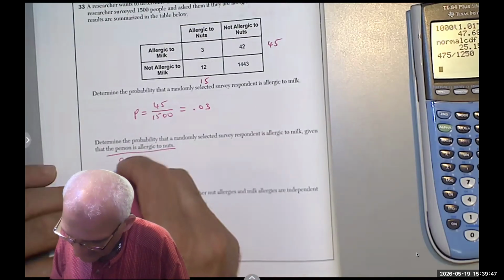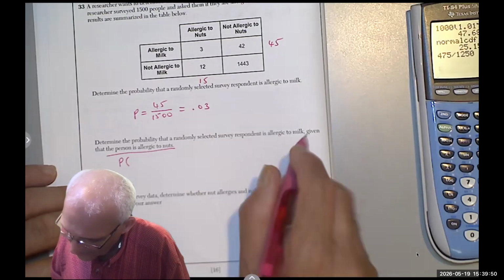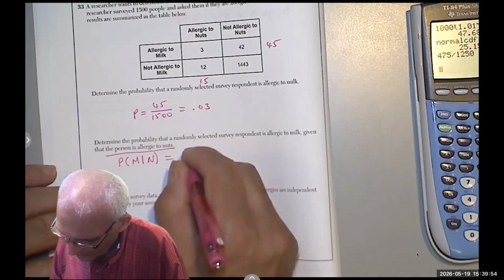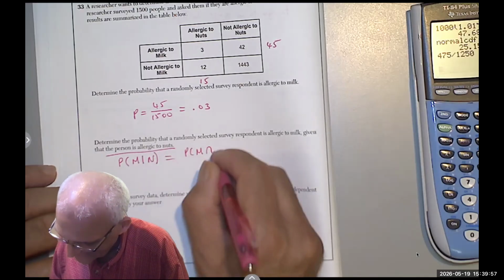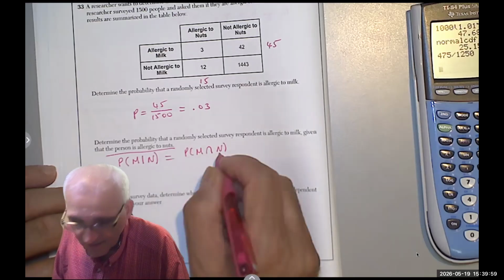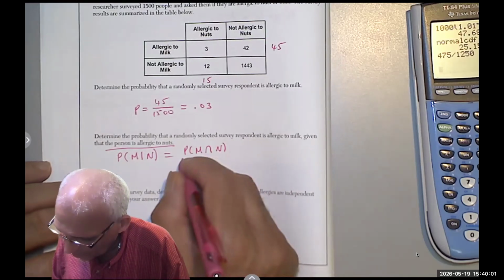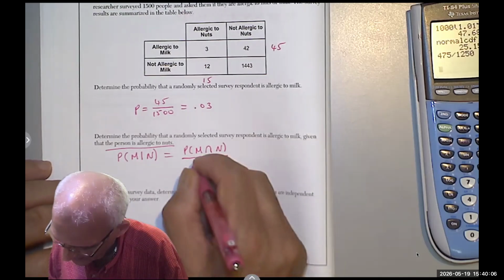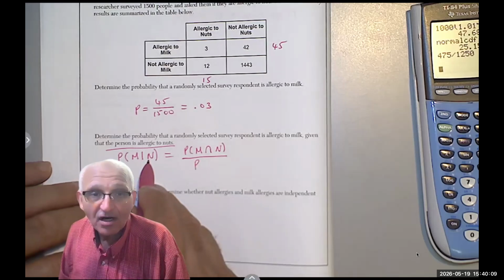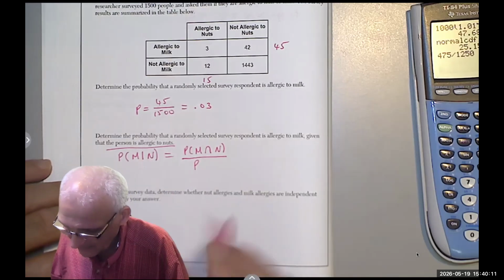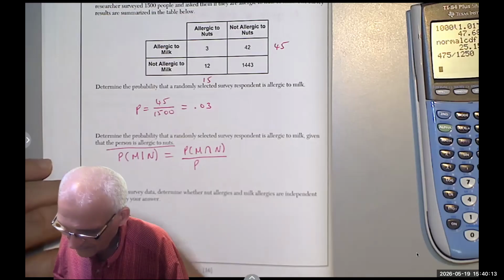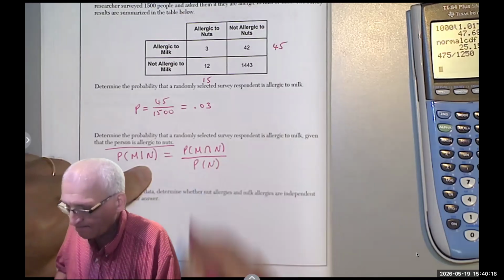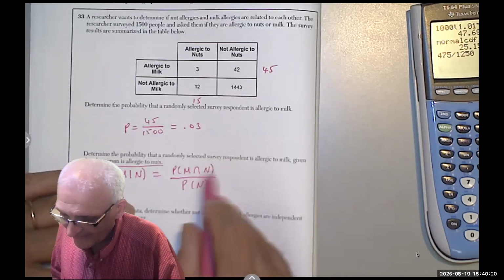So the probability that a person is allergic to milk given allergic to nuts equals the probability of M and N, the intersection of M and N. We call that the joint probability, over the probability of the condition, right? N. So probability of M and N.